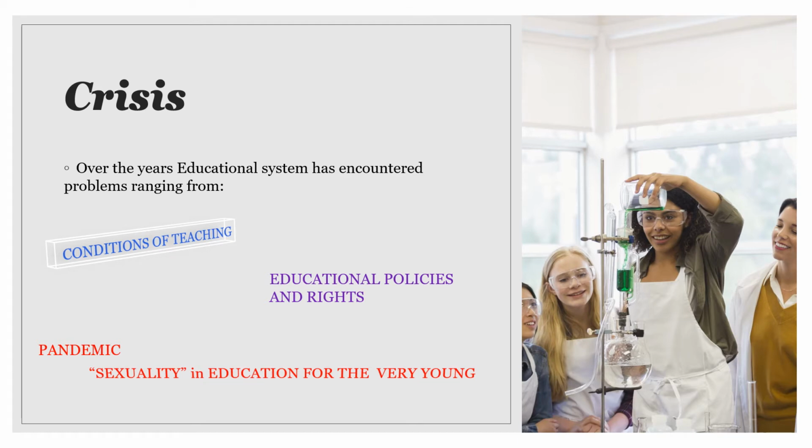And up until recently, another major crisis is sexuality, which is being proposed to be taught to 5-year-old children.